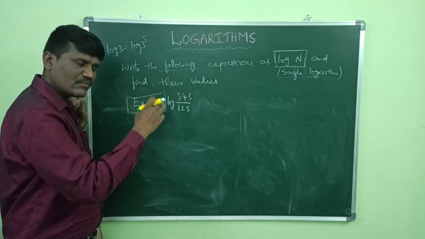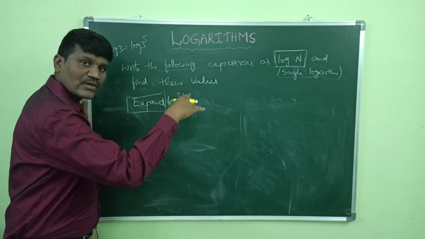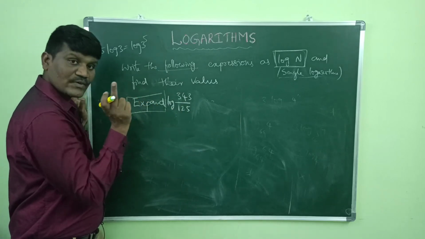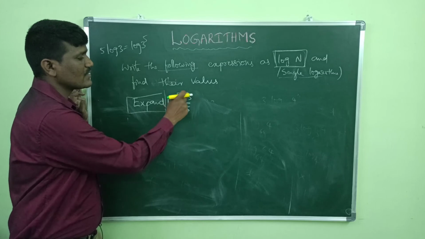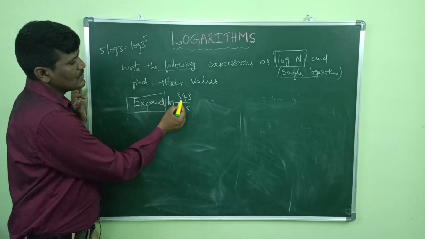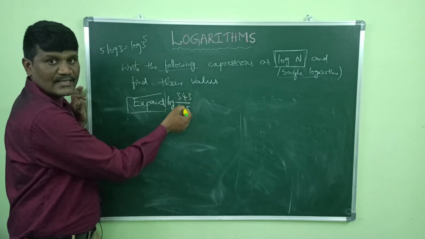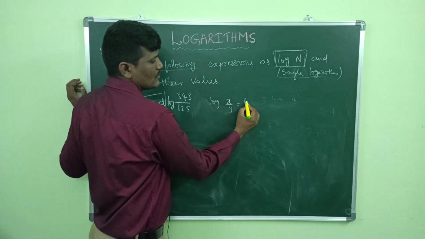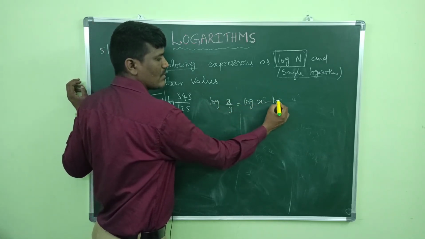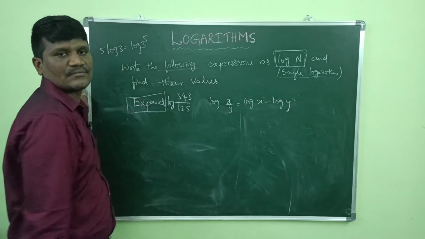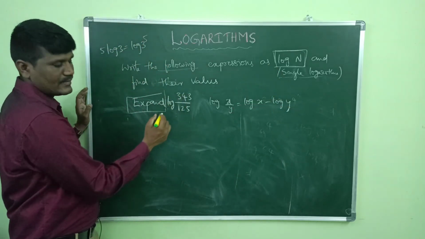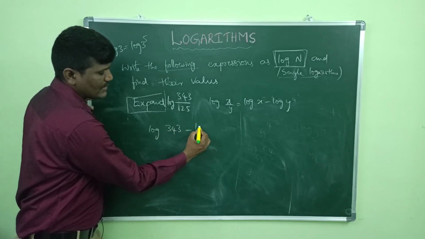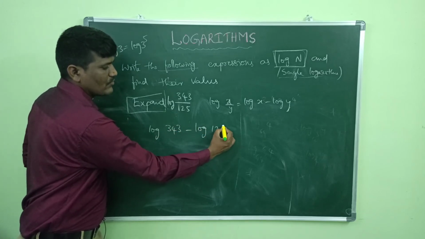Here the reverse, a single logarithm is given, and we should convert it into multiple logarithms. That is why the question says expand. Okay, so the first formula I can use is log x by y, which is equal to log x minus log y. I can write this as log 343 minus log 125.